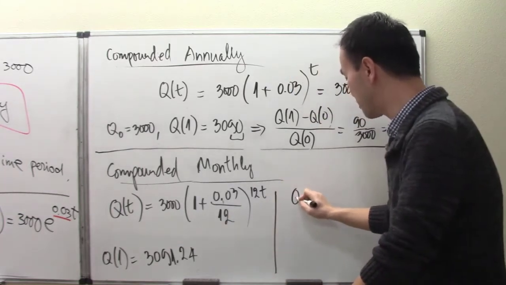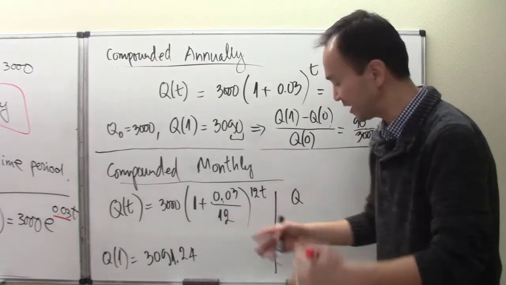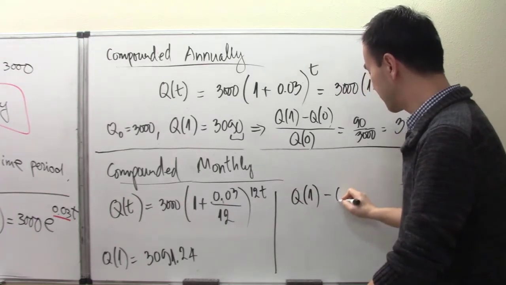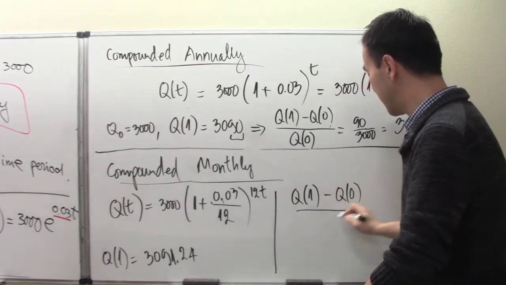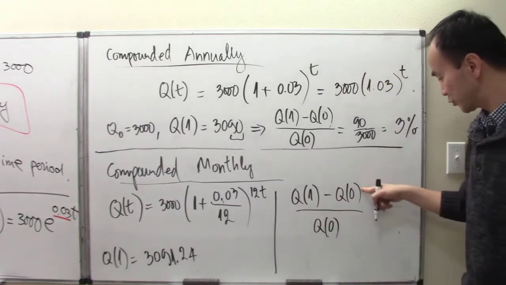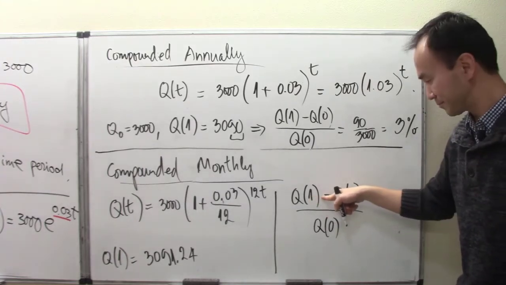If we're doing that math again, very similar, because we want to calculate the percentage yield. That's the key I start bringing in right there. So Q1 minus Q0 divided by Q0. This is 3,000, that's 3,000, but this is $3,091.24.